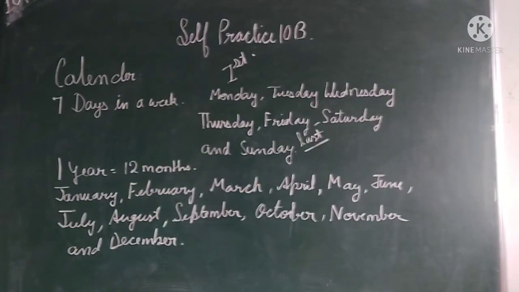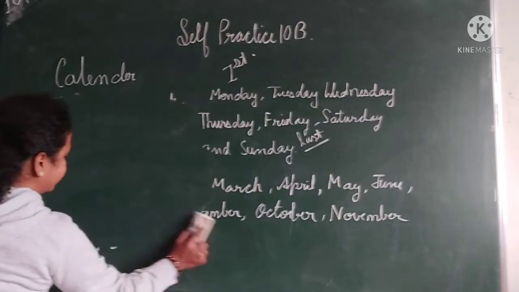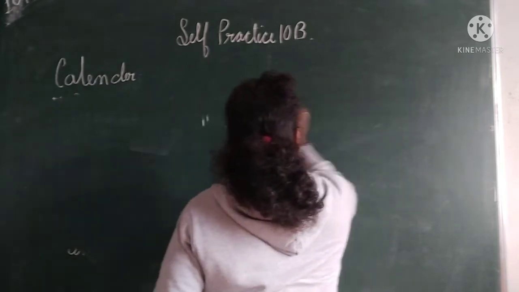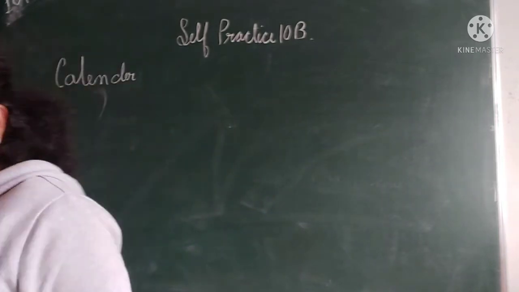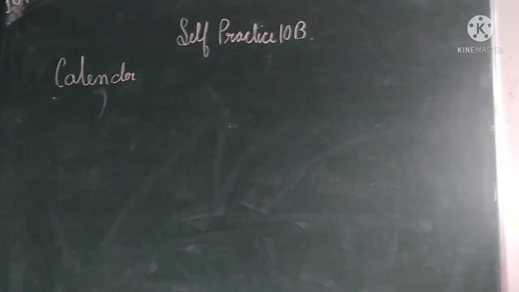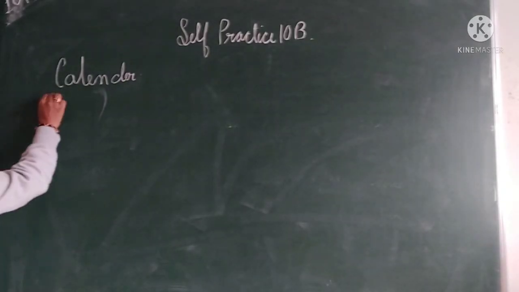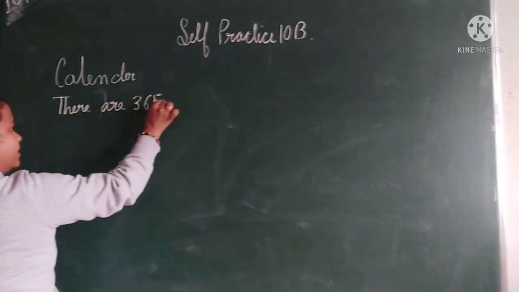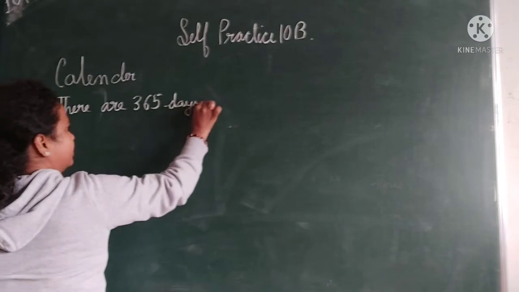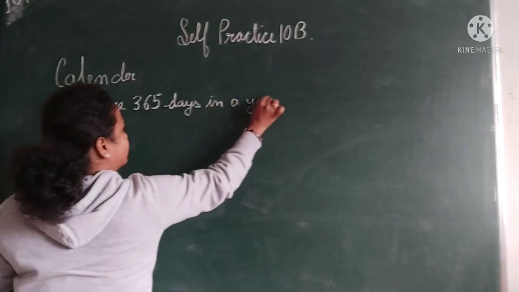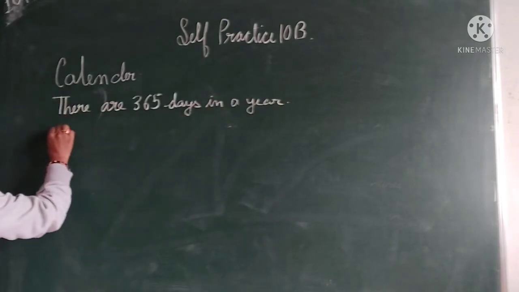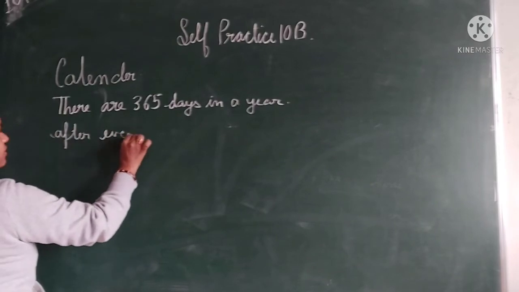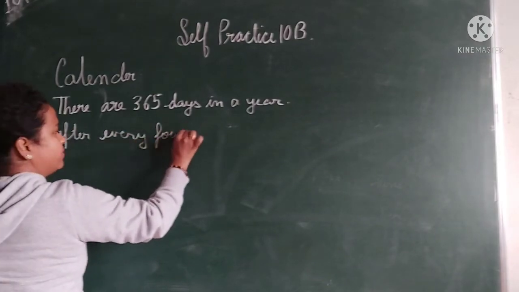Now, how many days are there in a year? So, there are 365 days in a year. But after every 4th year, there is a leap year.